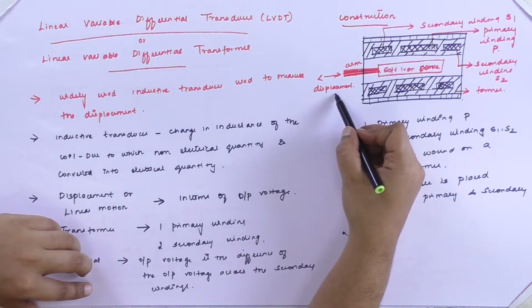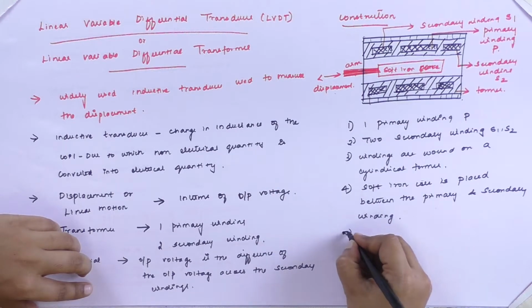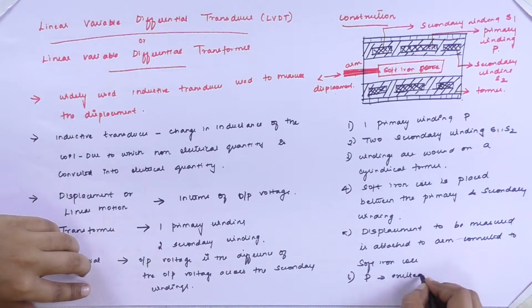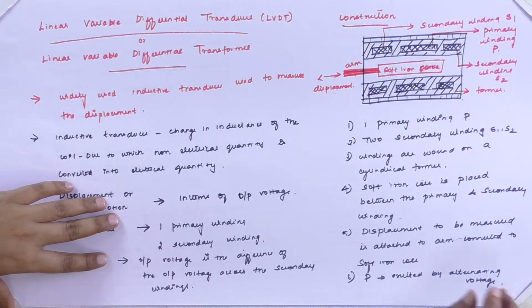The displacement which is to be measured is applied to the arm which is attached to the soft iron core, and this primary winding will be excited. Primary winding, represented as P, is excited by an alternating voltage. An alternating voltage will be supplied to the primary winding of the LVDT.